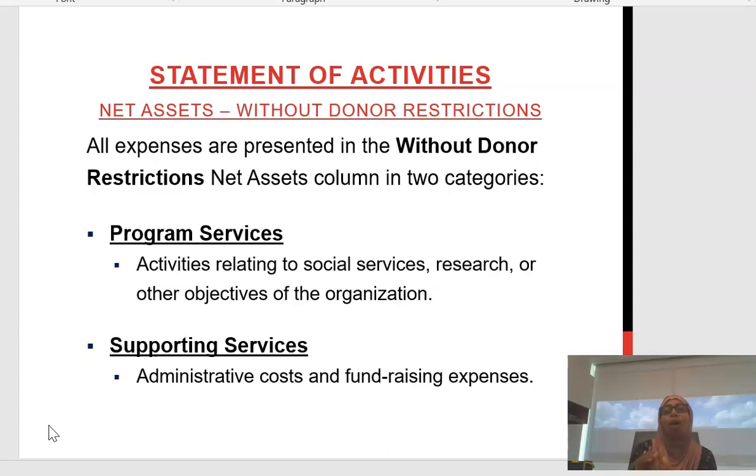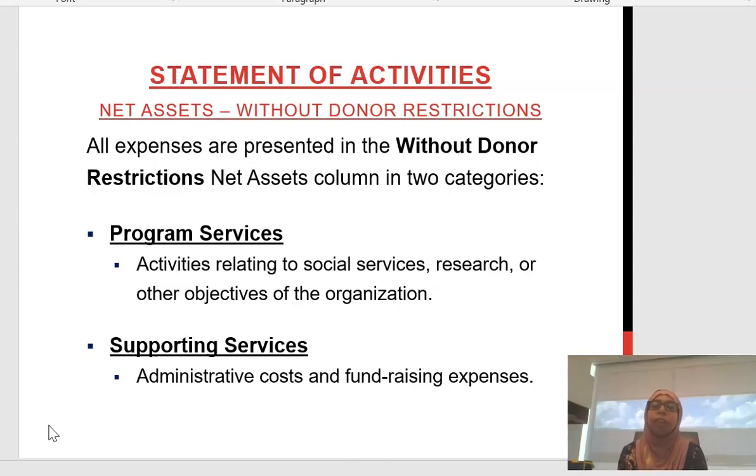Now, you will also see two major categories of expenses. All not-for-profit organizations classify their expenses into two major categories. One category is program service-related expenses. Another is supporting service-related expenses.